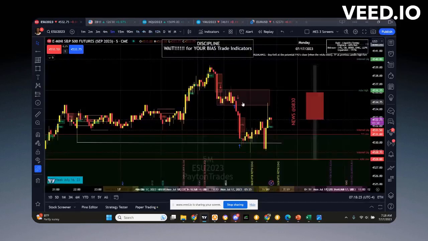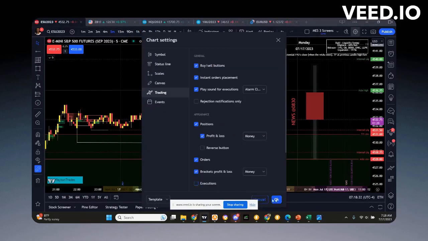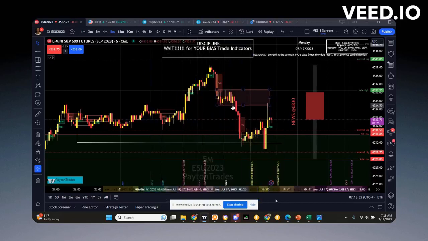Let me move the arrows out of the way so I can explain the reasoning behind the trade. When I did enter the trade, this candle at 5:35 moved away from the consolidation and closed lower.